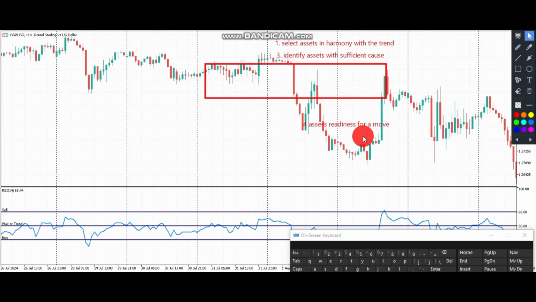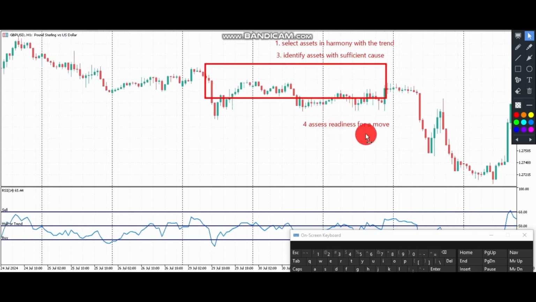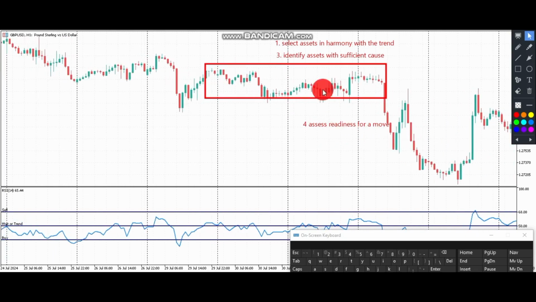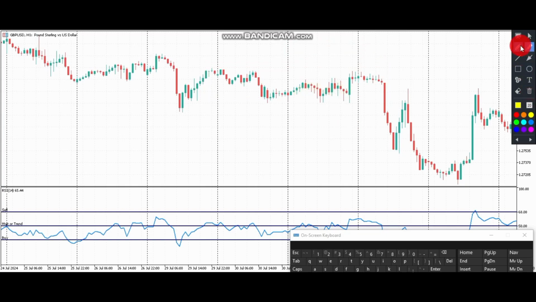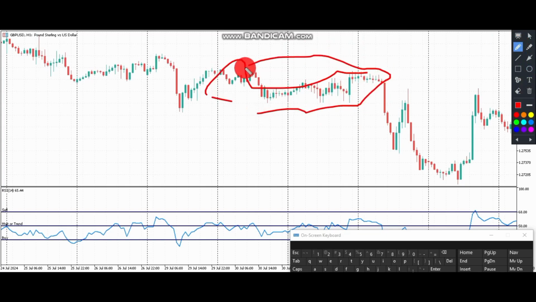You are seeing a weak support, a weak resistance. Just like this, you see this particular place we're actually experiencing. Now look at this particular place. There's actually readiness.